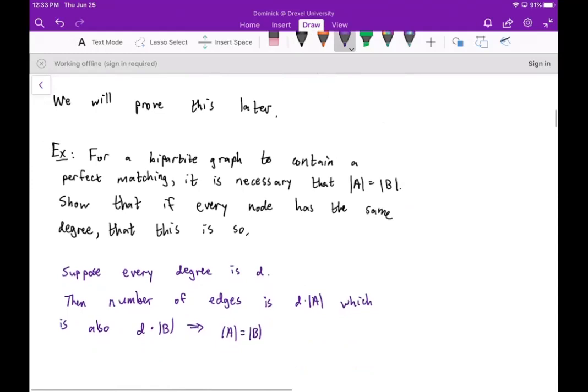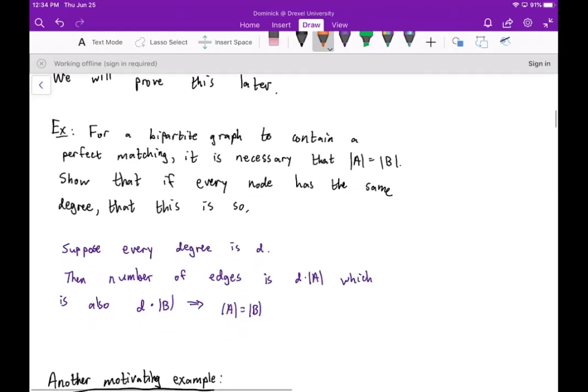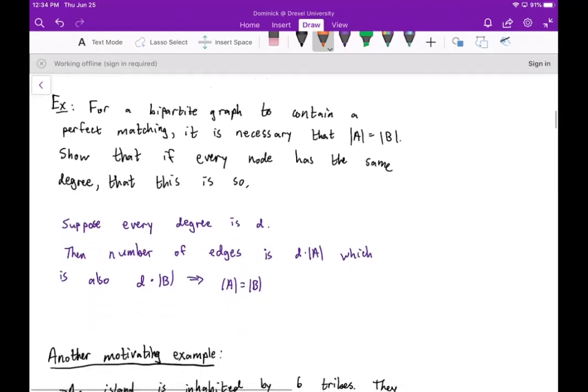Now, for a bipartite graph to contain a perfect matching, it's necessary that the number of nodes in A is the same as the number of nodes in B. If every node has the same degree, then we can show that this is true. Let's suppose that the degree of all these nodes is d. In our case that was 50, but in the general case we're going to assume that it's d.